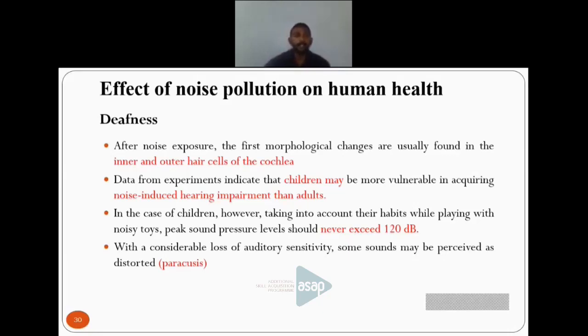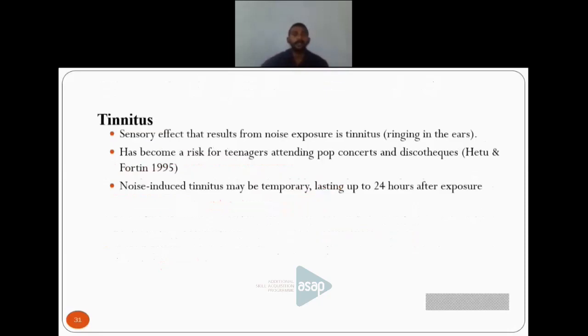Then next comes tinnitus, which is a sensory effect. When we are exposed to high noise, our ear may make sounds like ringing.